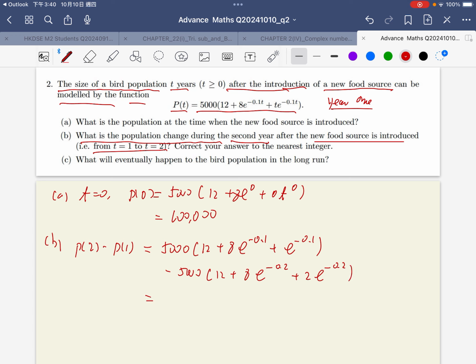Okay, let me use the calculator. It is not easy for me to use this calculator because the number is very complicated.